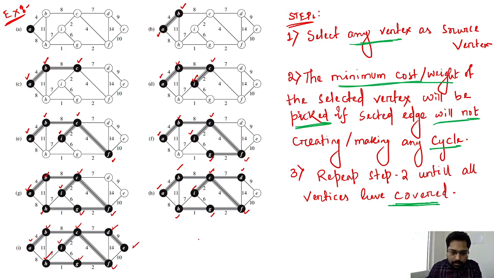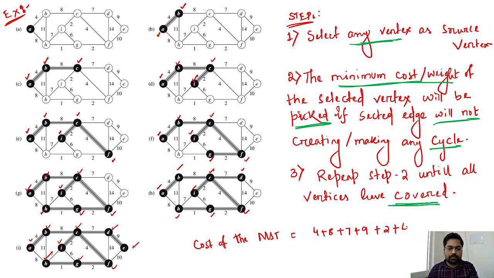The cost would be the same whether you find it through Kruskal or through Prim's. The cost of the MST would be 4 plus 8 plus 7 plus 9 plus 2 plus 4 plus 2 plus 1.